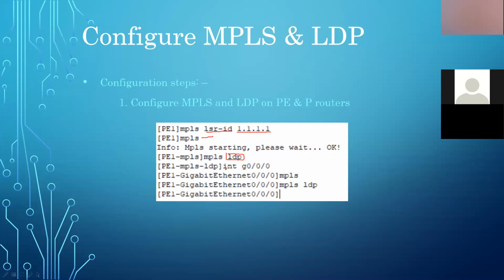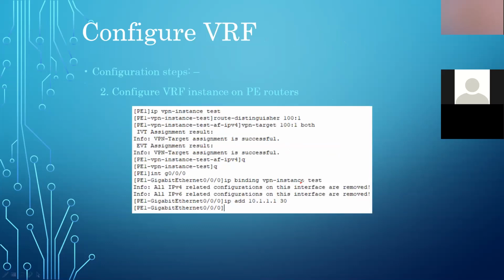On the interface that is connecting to the MPLS network, we will enable MPLS and LDP, which is the dynamic one, not the static one. There is also static label distribution, which is not preferable nowadays, because there are many MPLS labels. It will be time-consuming.